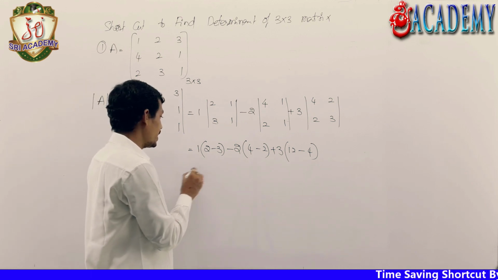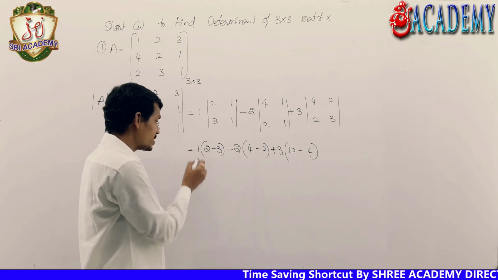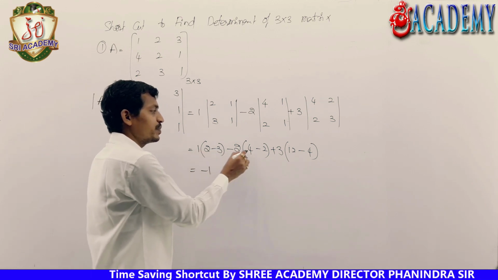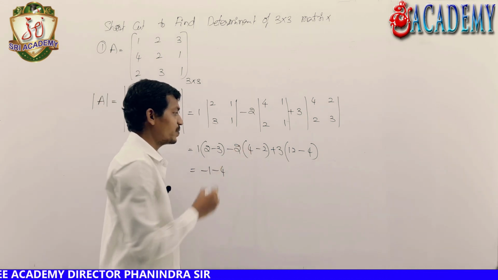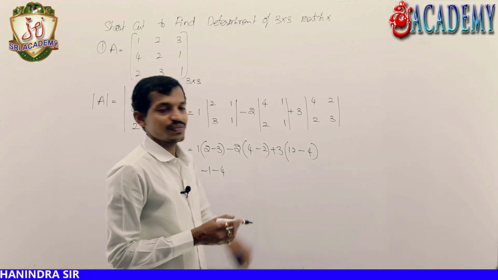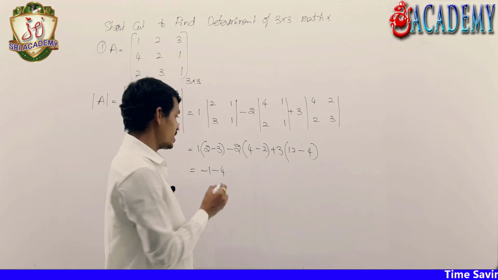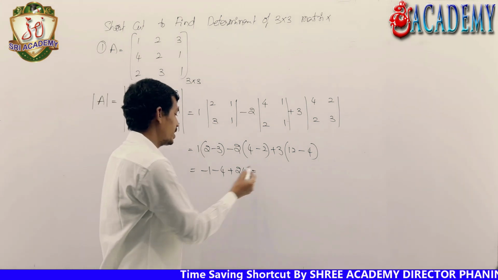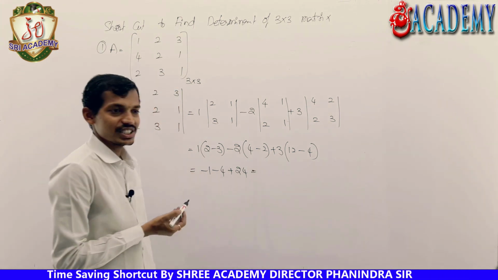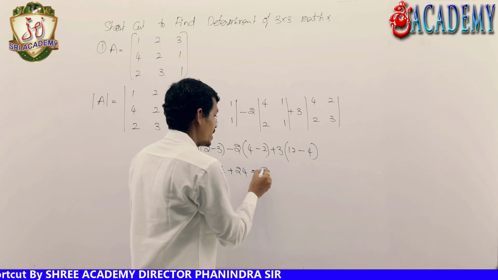If you simplify, you will get 2 minus 3 is minus 1, minus 2 into 2 is 4, 12 minus 4 is 8, 3 eights are 24. So you get minus 1 minus 4 plus 24, that is 19.